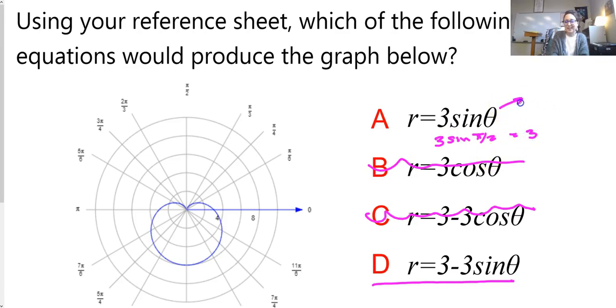So if I'm looking at the graph of equation A, I should have the point (3, pi over 2), which would be, I think these are going by 2, 4, right about there, which this graph does not have, so that eliminates option A for us. So option D is the winner.